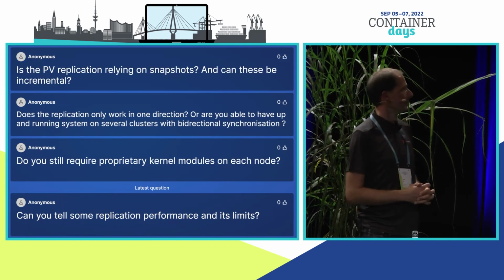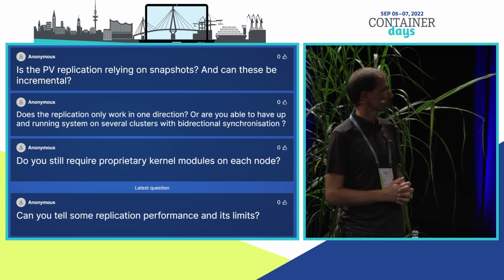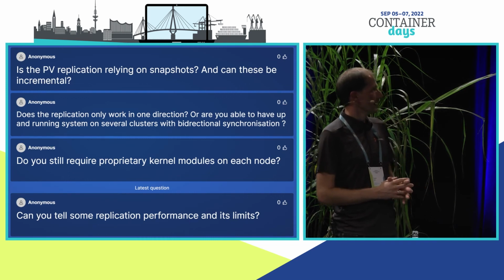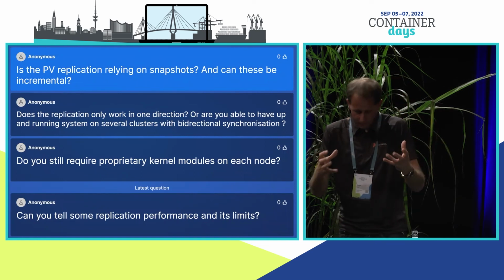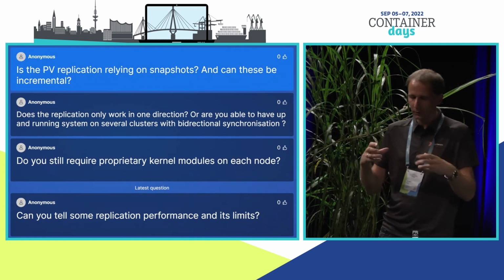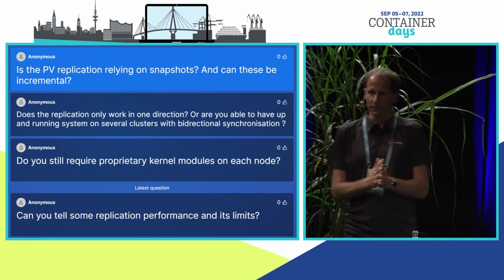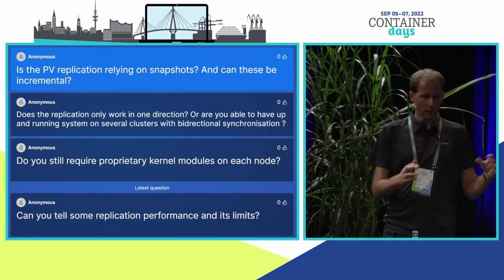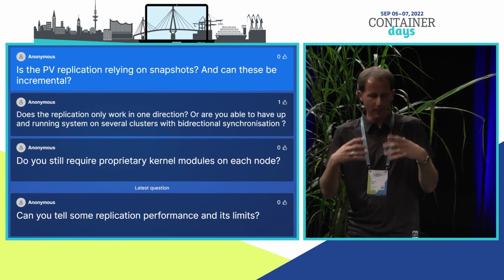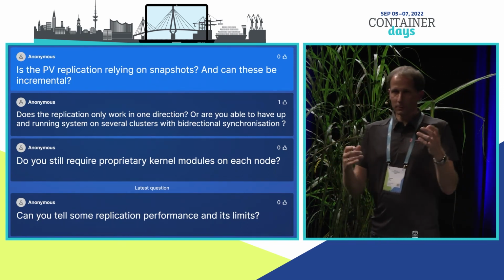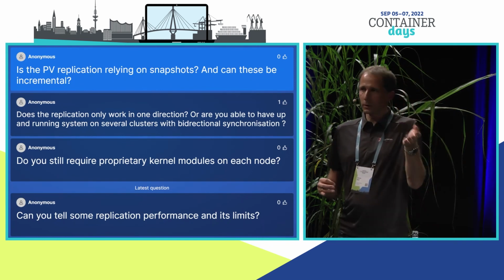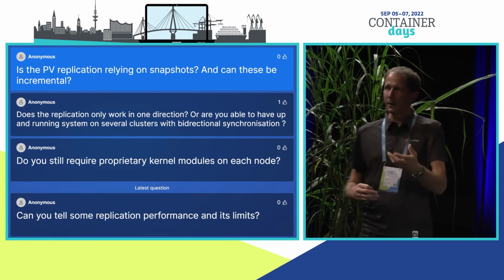Is the PV replication relying on snapshots, and can these be incremental? So the PV replication, which Portworx does inside the Portworx layer, is technically also using snapshots, but you don't get in touch with this. The replica set you define for a Portworx volume means you need this volume on one or two or three worker nodes in the cluster.